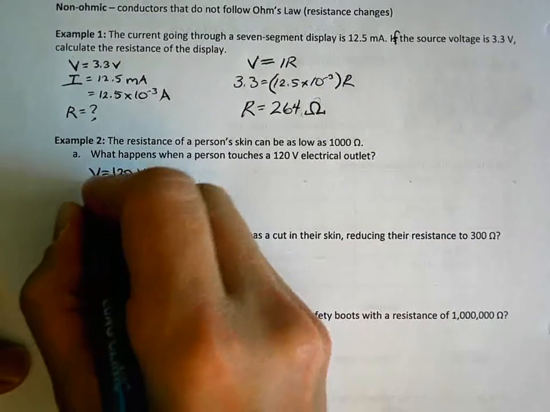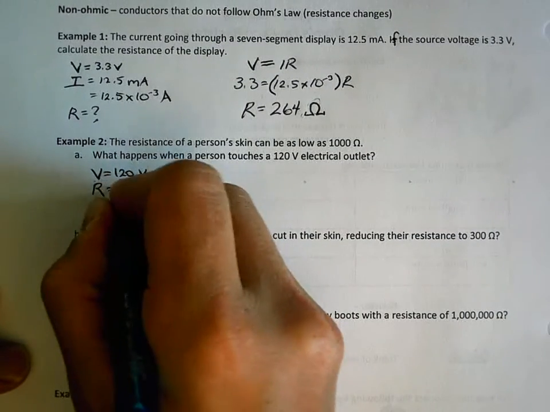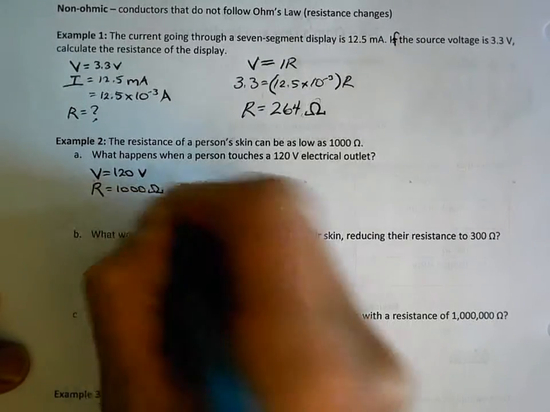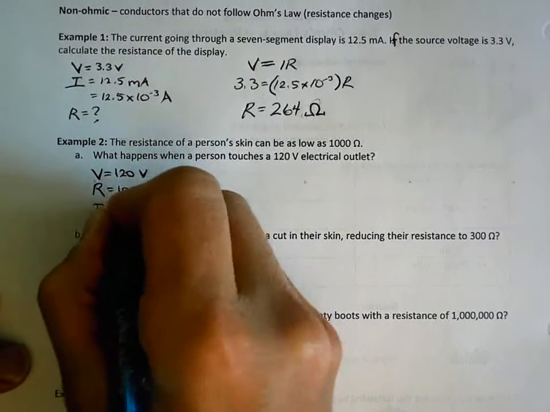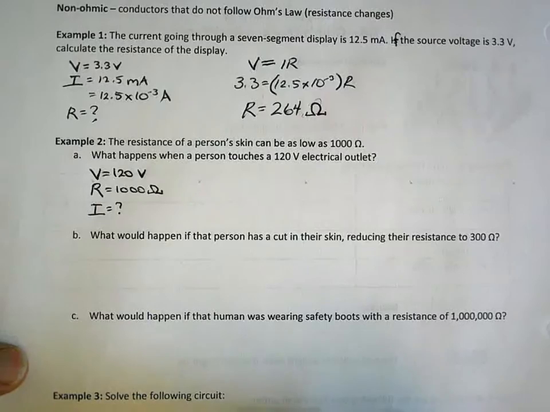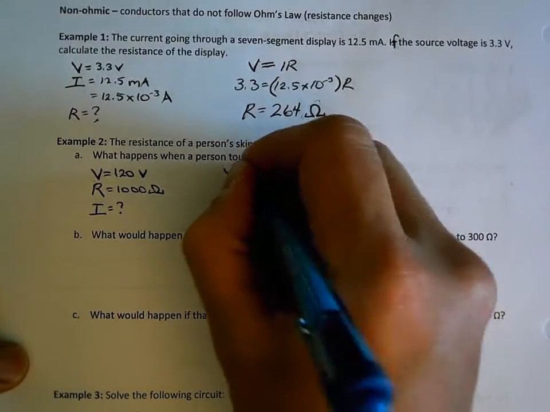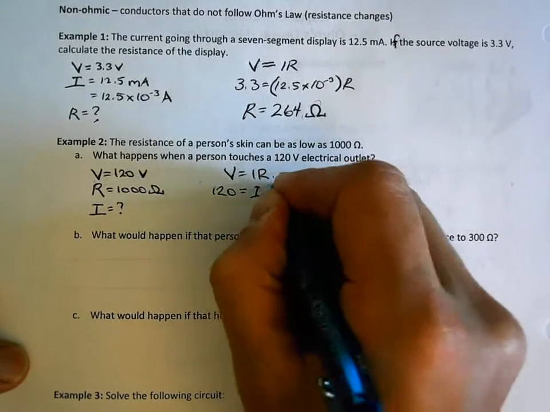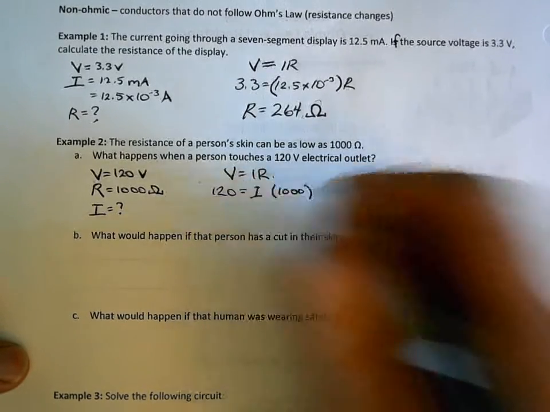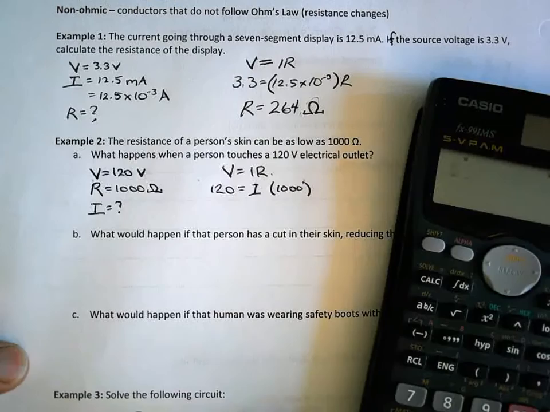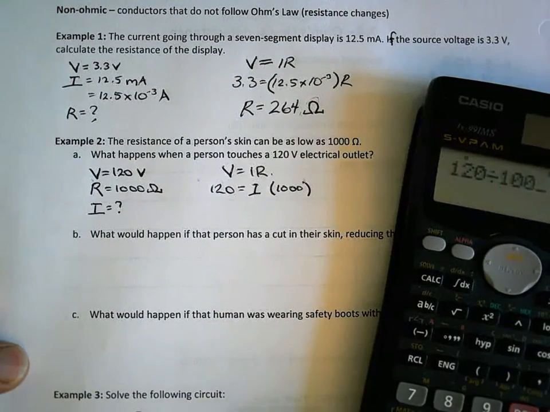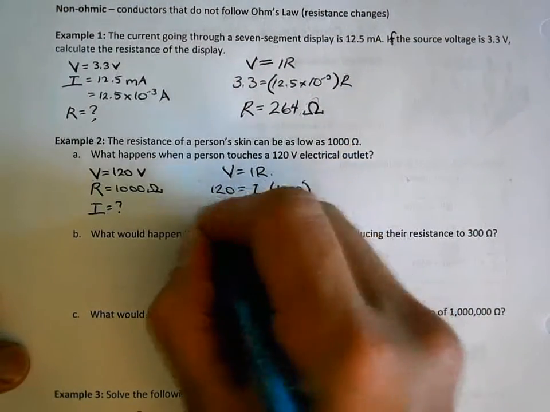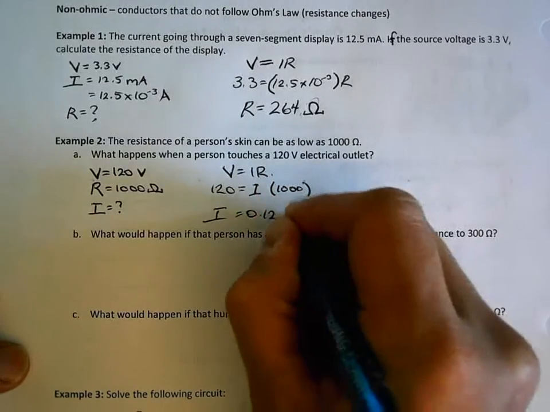We want to figure out the current. Remember, current's the dangerous thing, the thing that can kill you. V equals IR. Sub in these values: 120 is equal to I times 1,000. So 120 divided by 1,000 equals I, which is 0.12 amps.